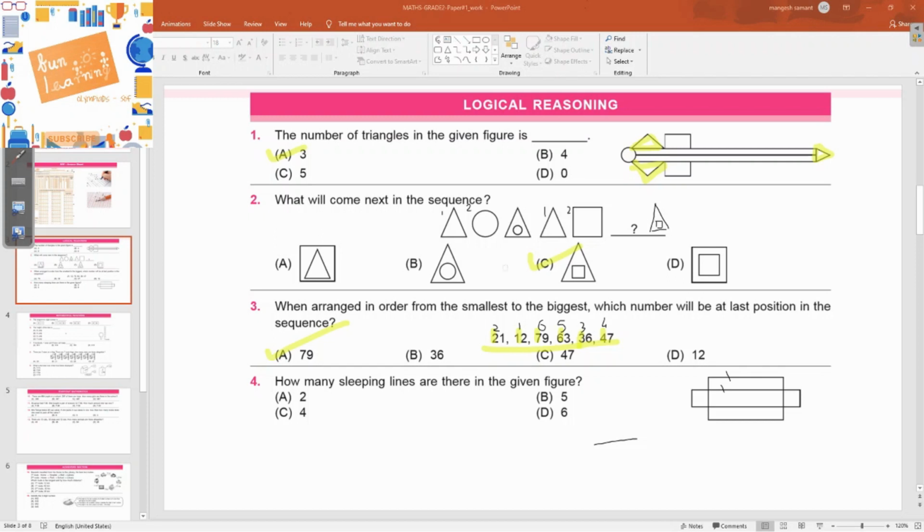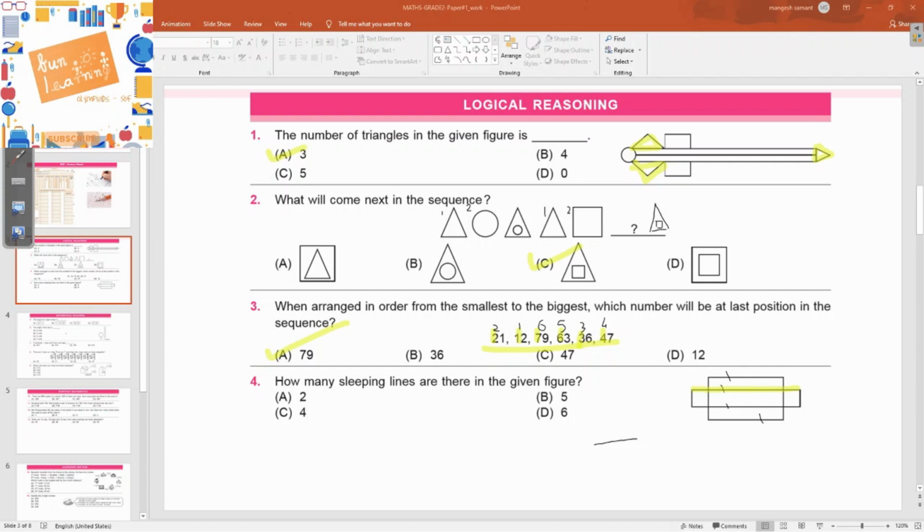Now remember, when we are choosing a line, we will actually choose this whole line as one and not parts of it. So when this whole line we choose as 1, it is another number 2. Again we'll choose this whole line, so this is number 3, and this whole line which is number 4.